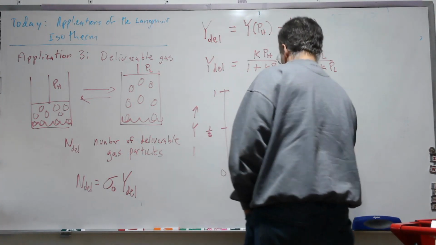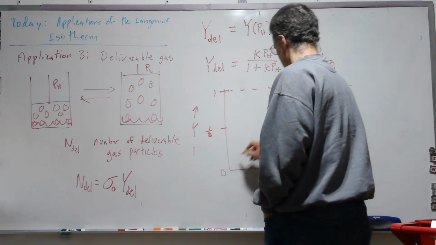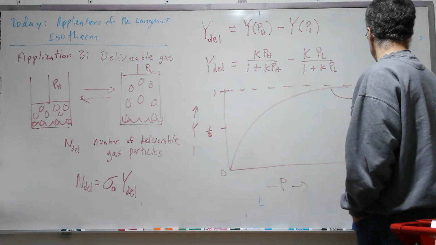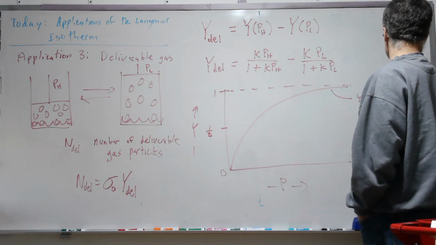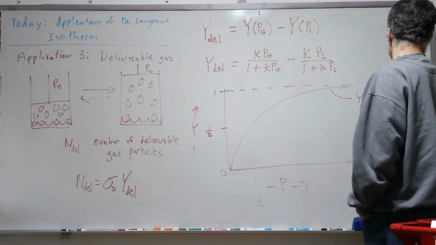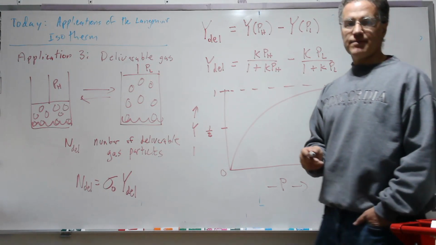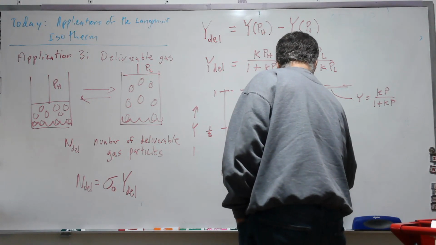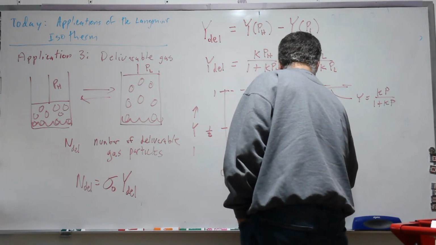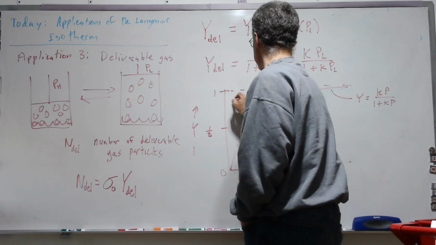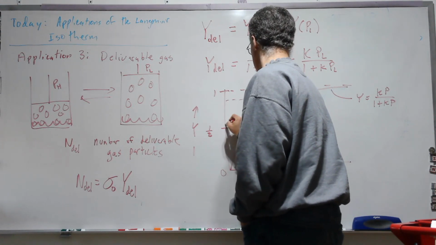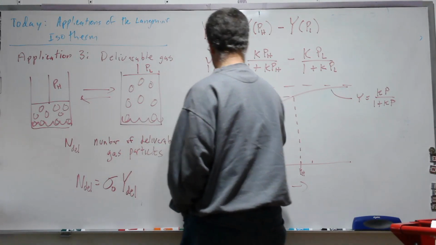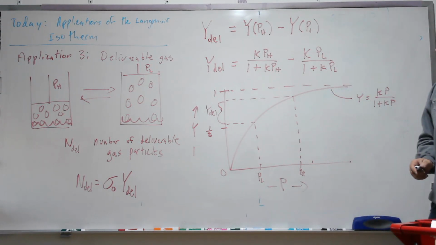Here's Y, here's our pressure, and if this is just our normal Langmuir isotherm, then we have the pressure low and some pressure high. That will be the Y del there.